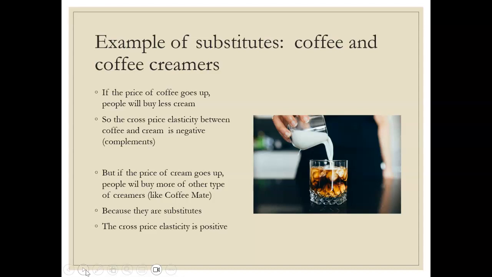But if the price of cream goes up, people will buy more of other types of creamers, like Coffee Mate, for example, because these two goods are substitutes. Price of cream goes up, demand for Coffee Mate goes up. So the cross price elasticity is positive for these two substitute products.